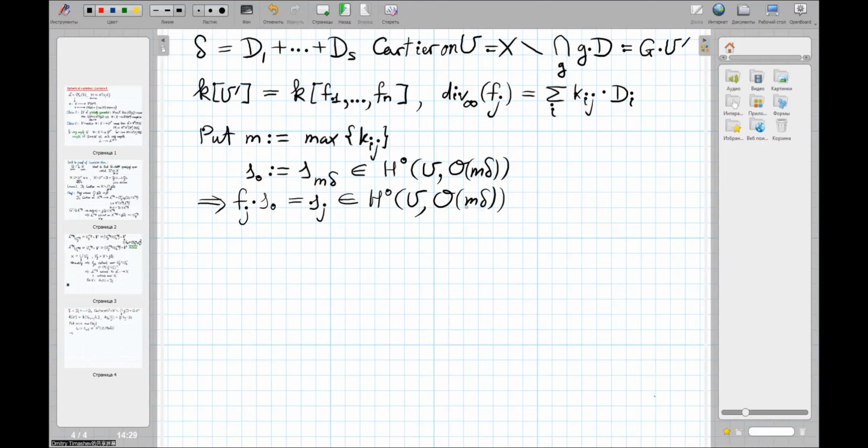But if we take m big enough, we can even lift the action of G itself. But let me lift it to the G prime action as before, just not to confuse you.